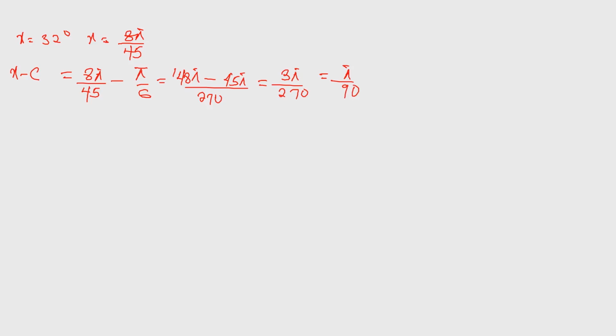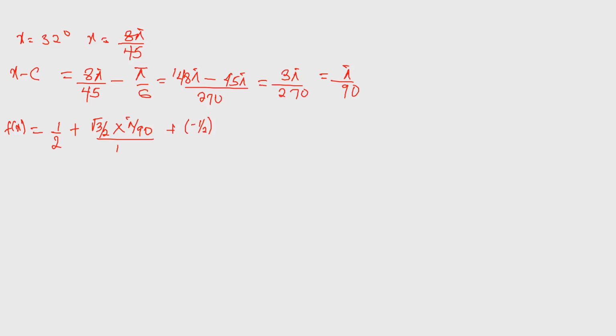At this point, you can bring it back to the formula from the previous equation, and that is f of x. f of x is equal to f of c. f of c is 1 over 2, then plus f prime of c, which is root 3 over 2, multiplied by x minus c, that is pi over 90, divided by 1 factorial, then plus the other one, minus 1 over 2.